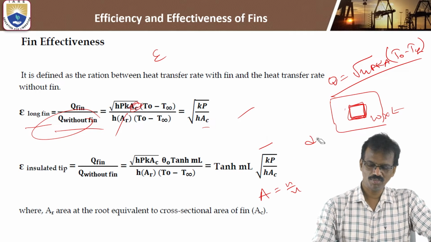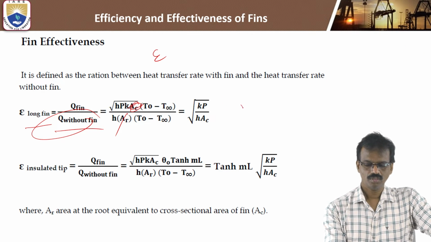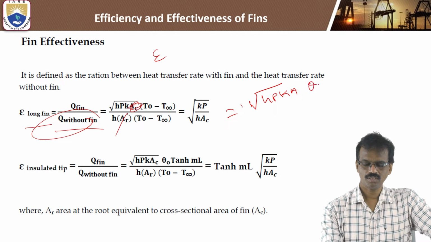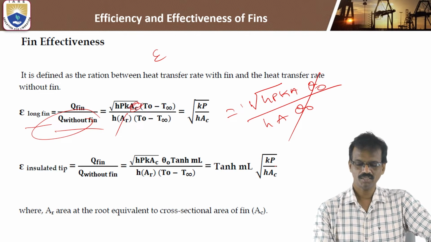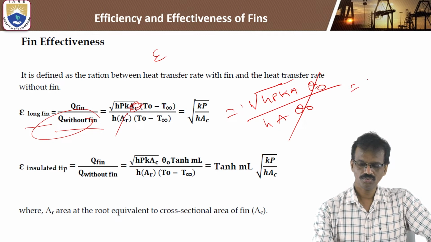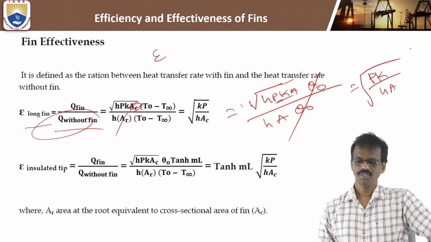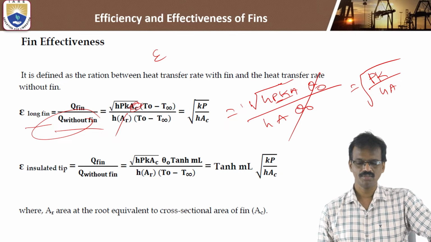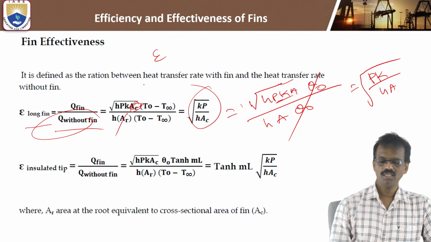Then the formula will be like this: the square root of hPkA times theta naught divided by hA theta naught. The hA theta naught cancels, and the remaining terms give the square root of kP by hA.